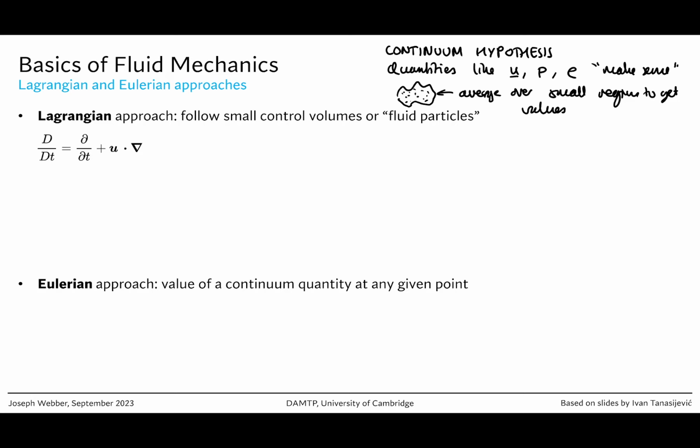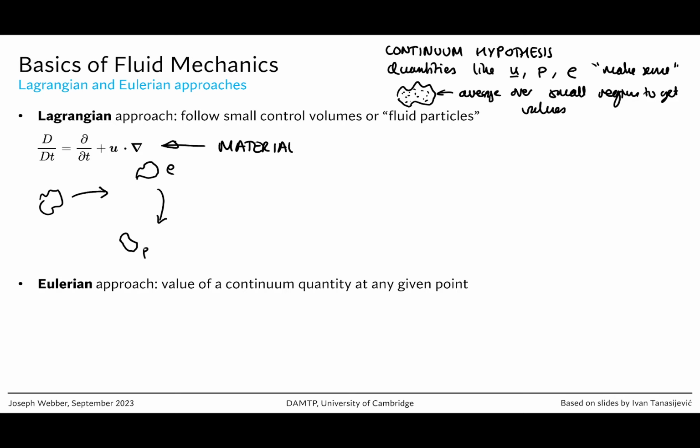Okay, there's two ways of approaching continuum mechanics. When you have one of these little control volumes or parcels, you might actually want to follow its evolution in time. It might move, it might change shape, might change in properties like density or pressure. And in order to follow what's happening as time evolves, you use something called the material derivative.